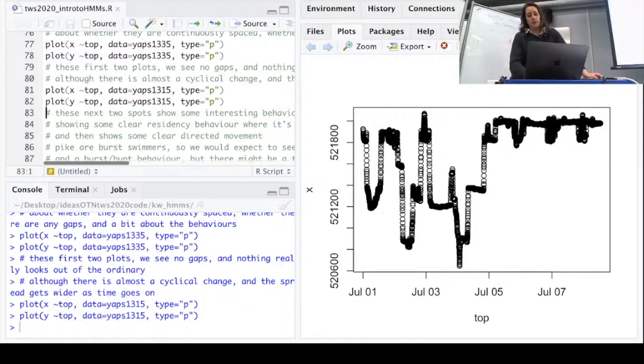I would say that even if this was the shorter one, we're looking at almost a day, even in this spot, right?